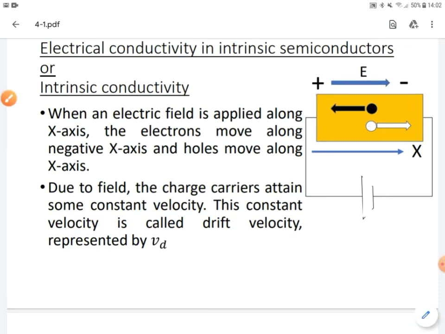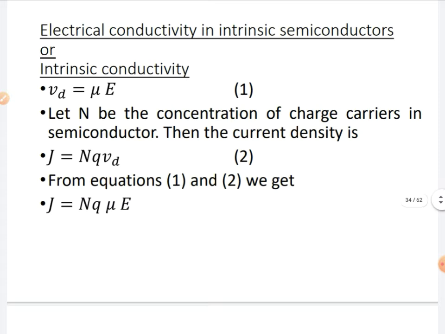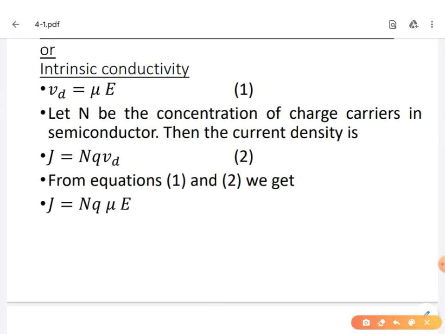So what is the expression for drift velocity? Vd equal to mu into E, where mu is called mobility. What is mobility?